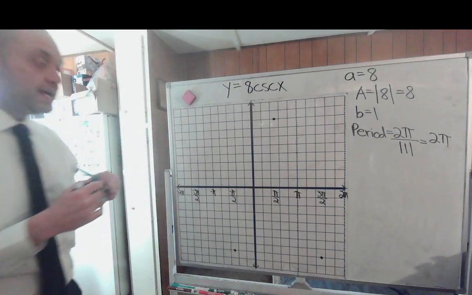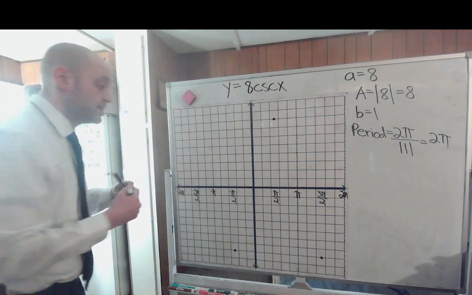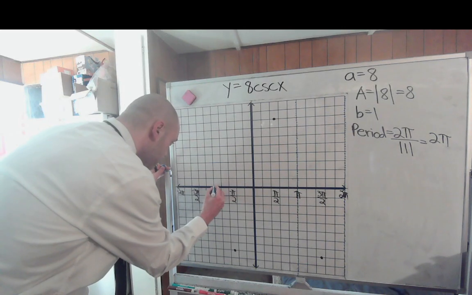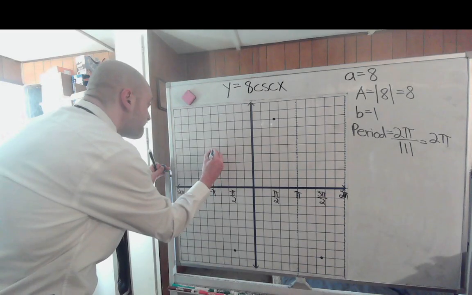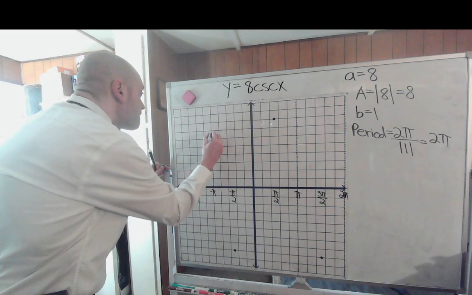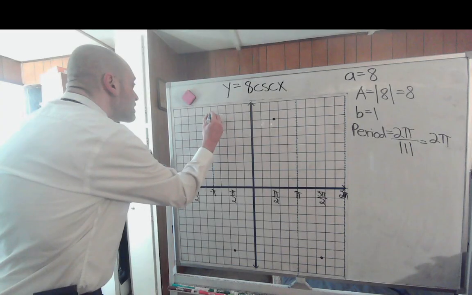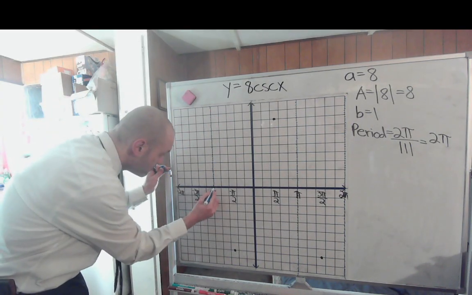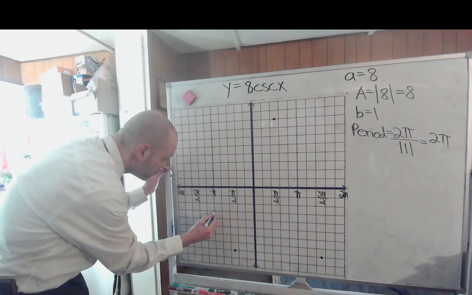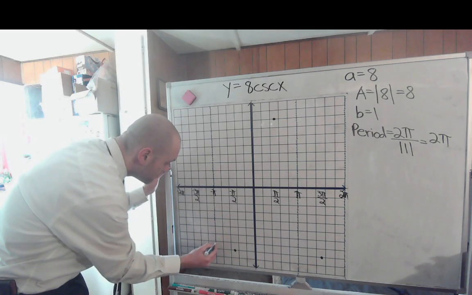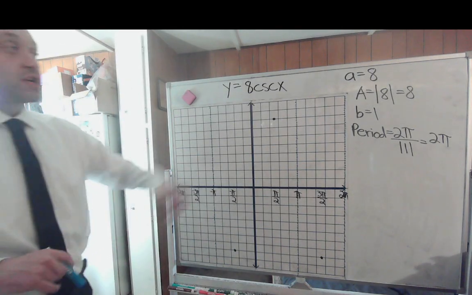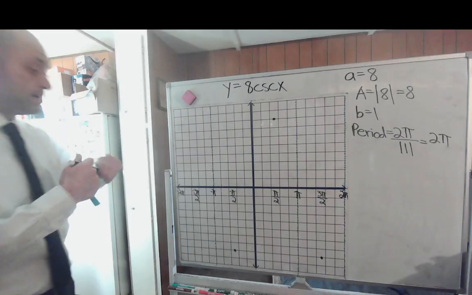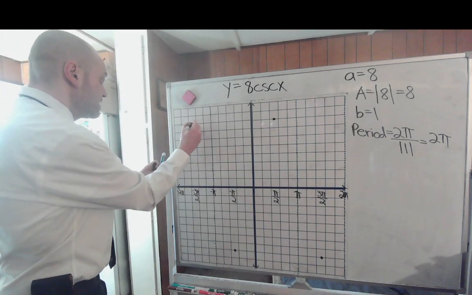Now what about negative pi? Your cosecant is undefined. So you have another asymptote at x equals negative pi. All right, negative 3 pi over 2, the cosecant of that is 1 times 8, that's actually positive 8.